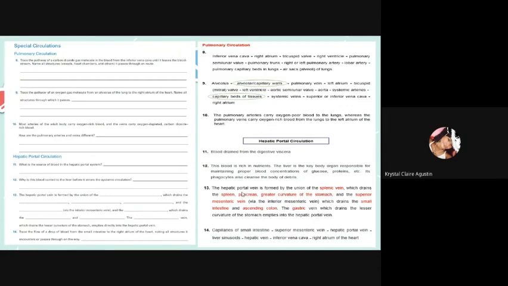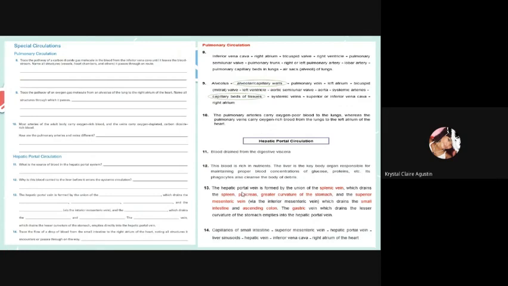So its blood flow goes from the inferior vena cava to the right atrium, tricuspid valve, right ventricle, pulmonary semilunar valve, pulmonary trunk, right or left pulmonary artery, lobar artery, pulmonary capillary beds in lungs, and lastly to the air sacs or the alveoli of the lungs.